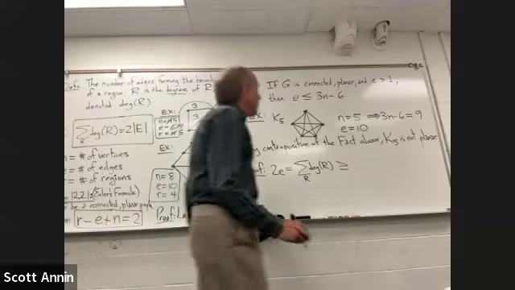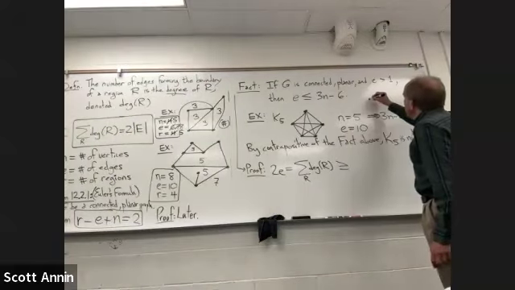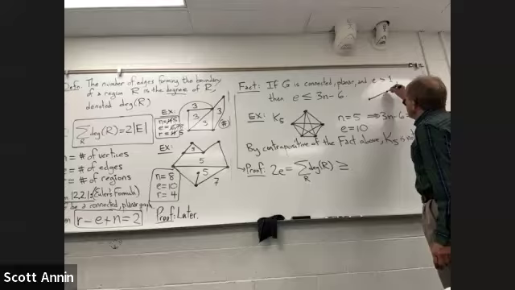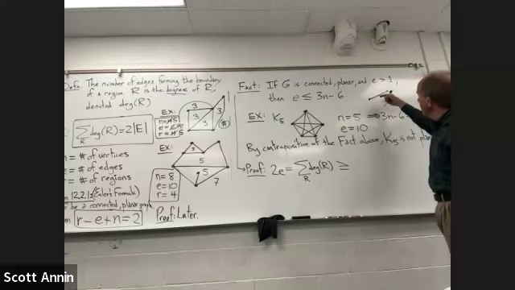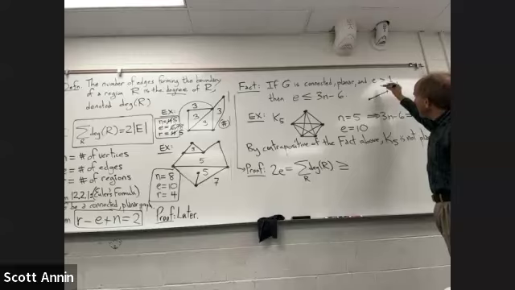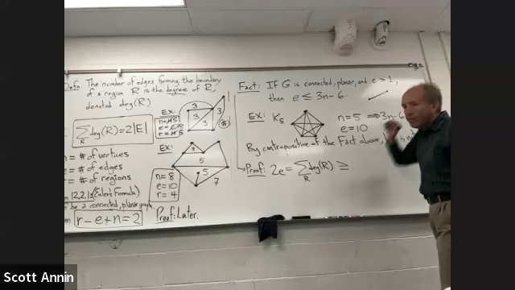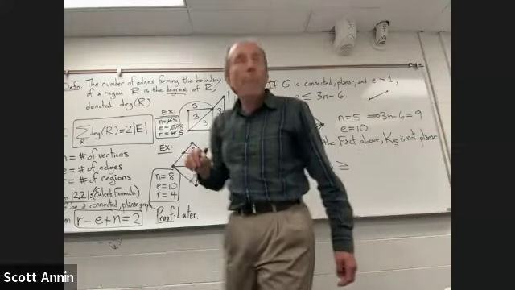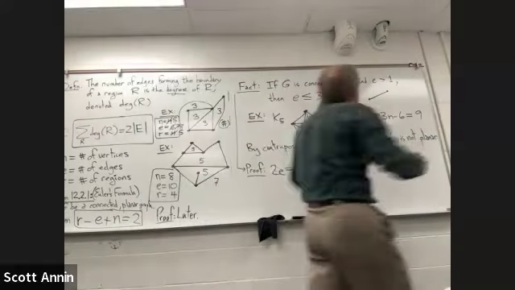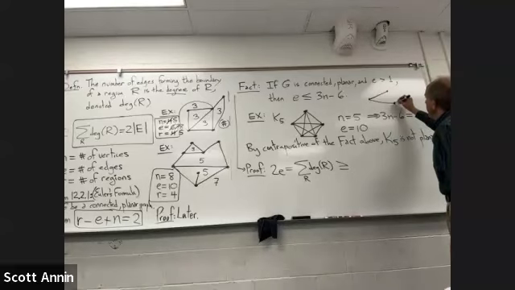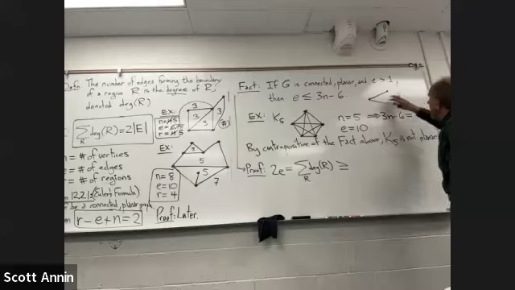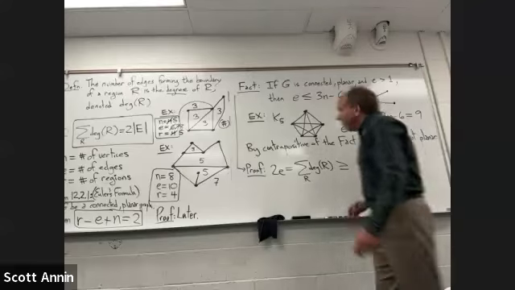The only way you could have a region of degree 2 would be if you had just one single edge, like this. If I had just one single edge here, then that's just one region and it would have a degree of 2. But if I add anything else to this picture, some other edge, now the degree of this region becomes 4, right?